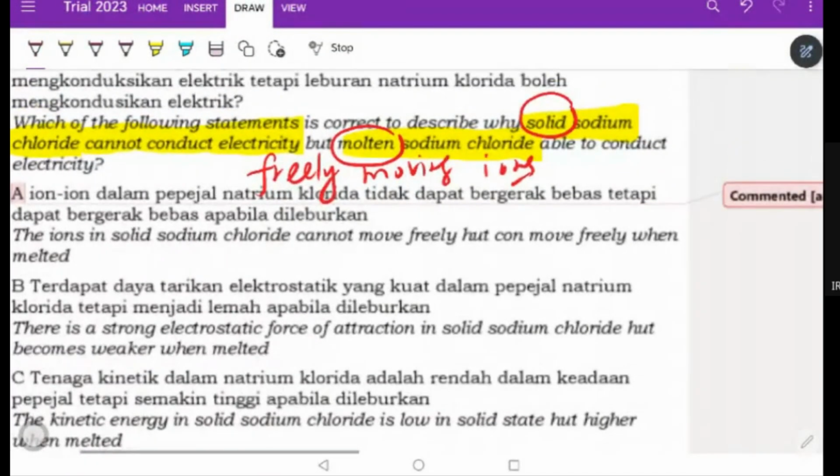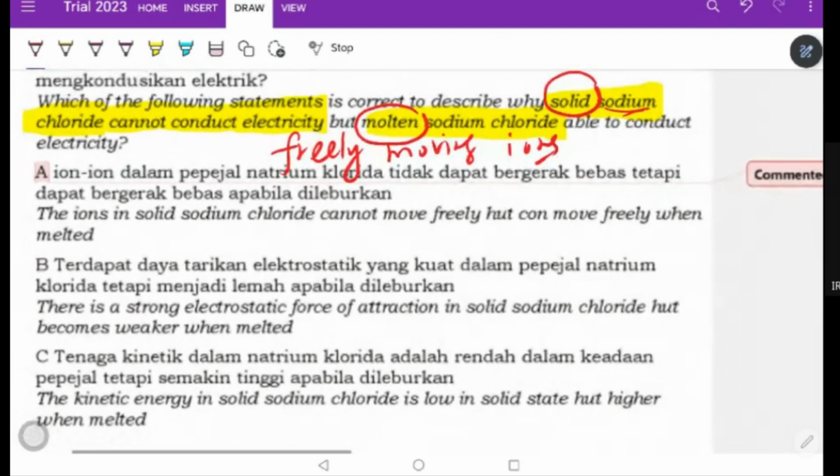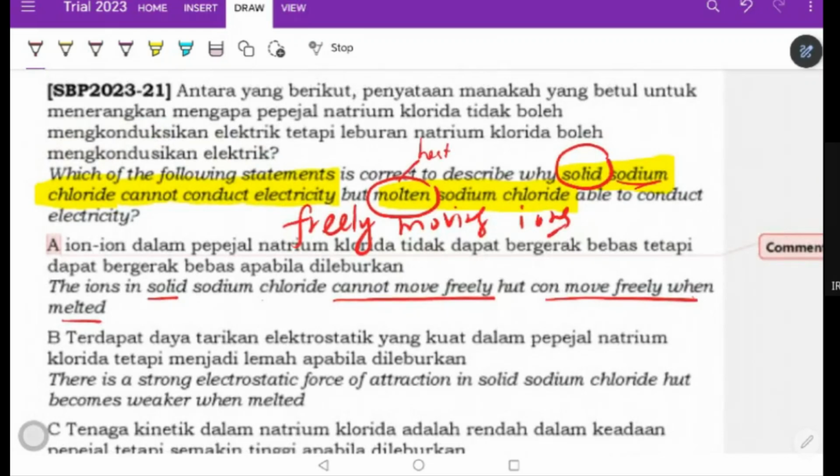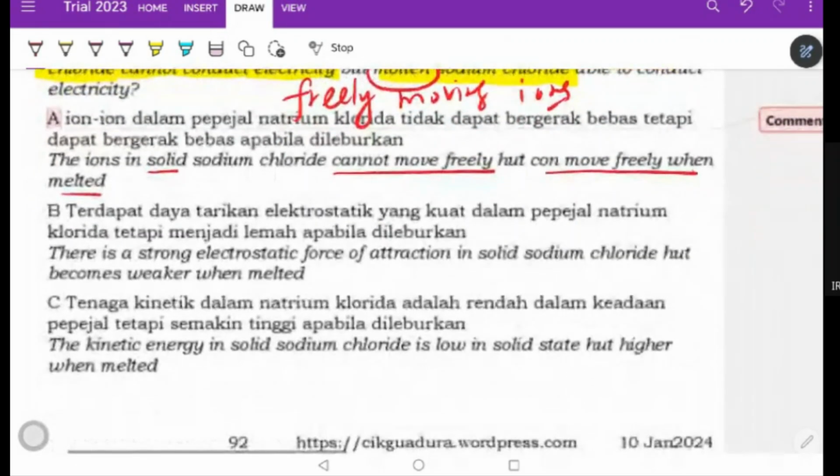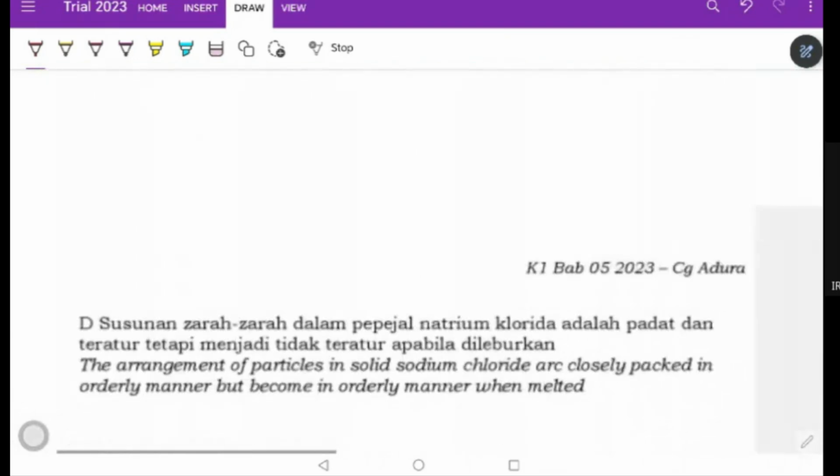In the solid, ions cannot move freely. Then in molten, they can move freely. Molten means you heat until it melts. Okay, so B and C no need to see.